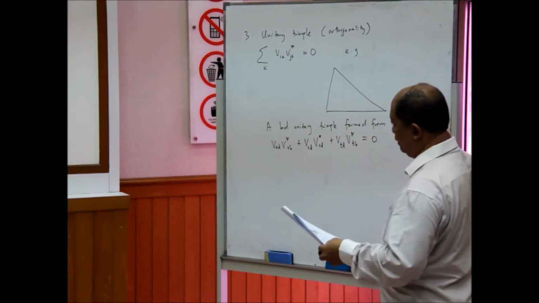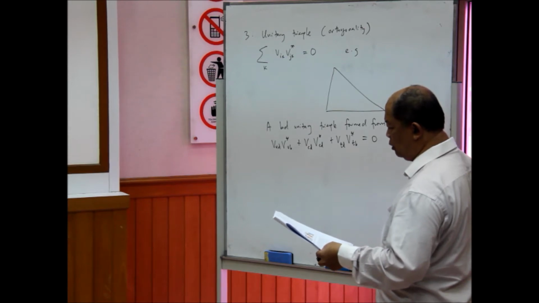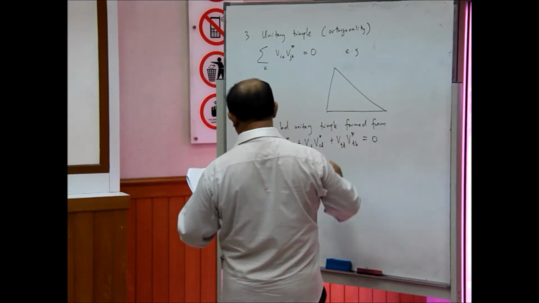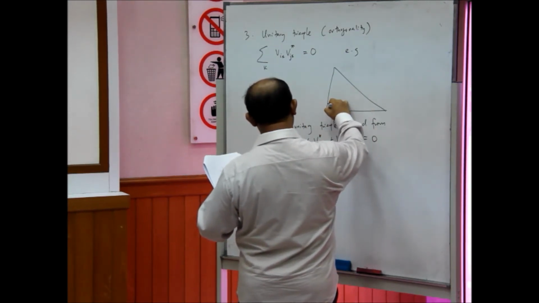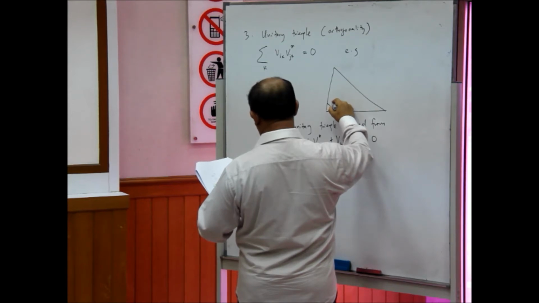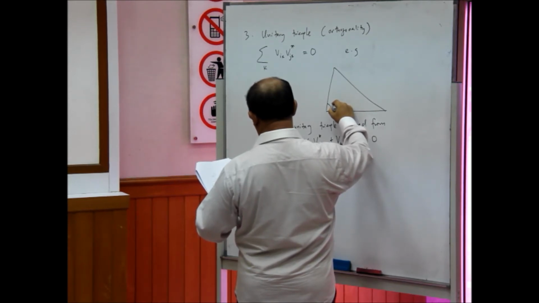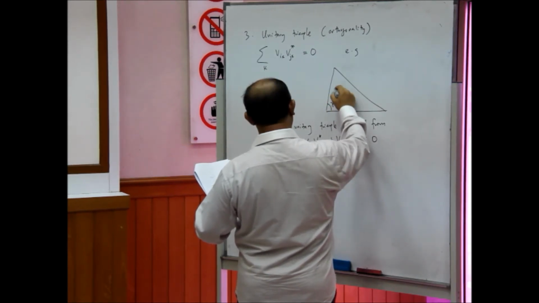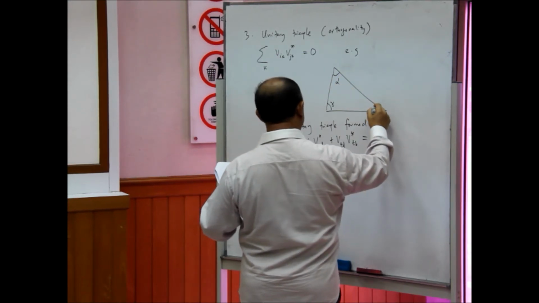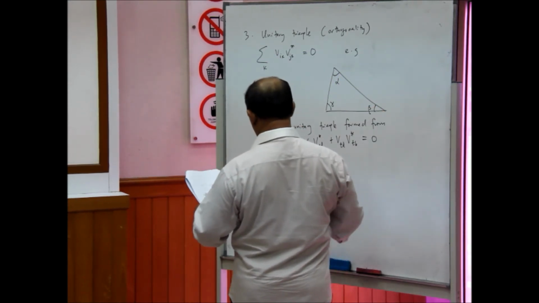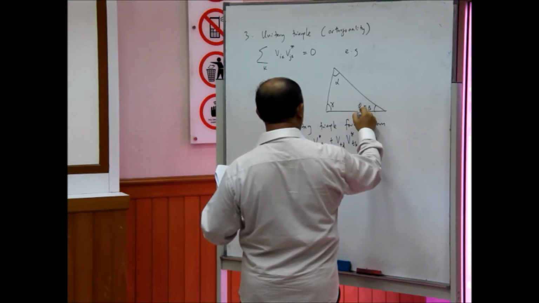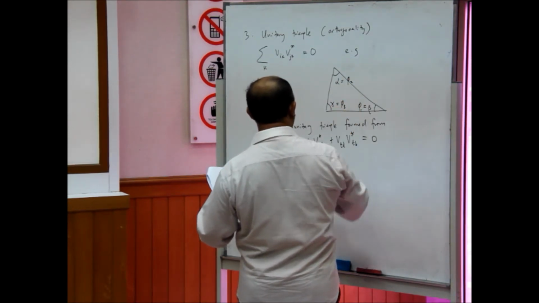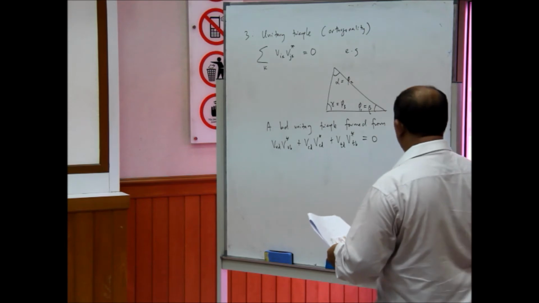So how do you plot it? This angle is, say, gamma, alpha, and beta, and these could be phi 1, phi 2, and phi 3. It doesn't matter whether you use alpha, beta, and gamma.